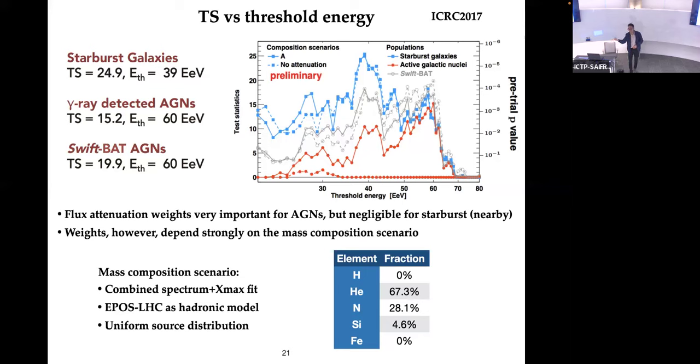Again, here we are assuming that cosmic rays are heavier nuclei, with no protons in this case, because this was done using what we had at the time. So this is back in 2017-18. Back then, we had indications in our data set that these would be the fractions that would best fit our data. But these things fluctuate.